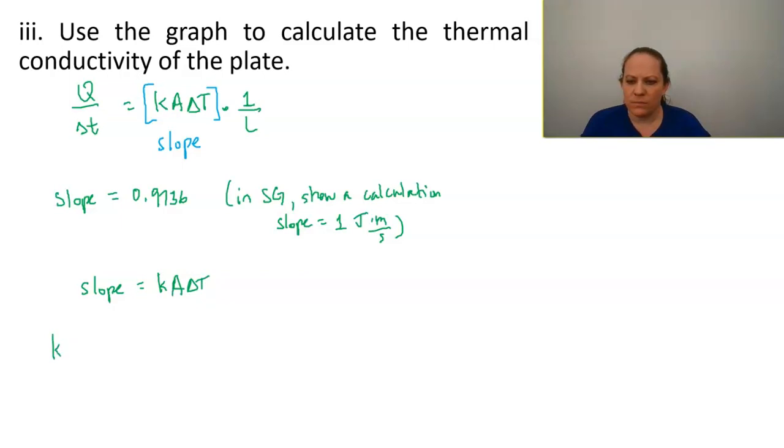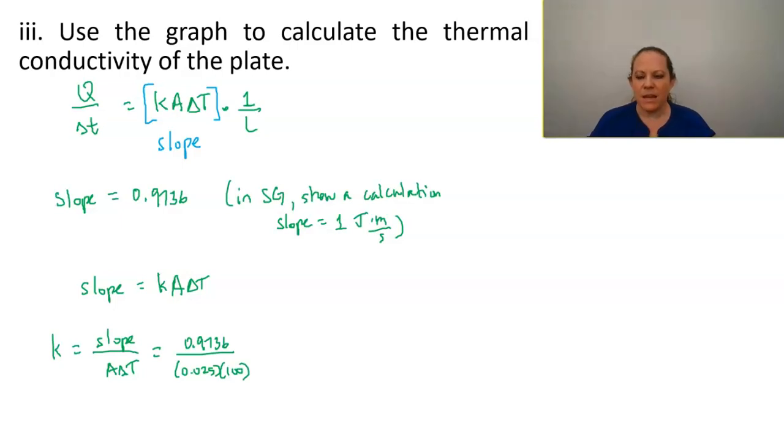So K must be equal to our slope divided by A times delta T. Oops, that should be the 0.9736 times 0.025 times 100.